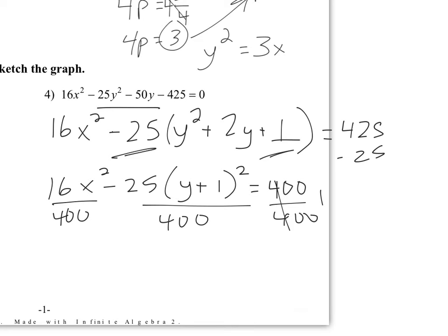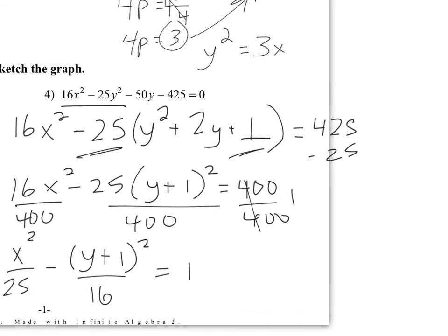So 16 divided by 400 is 1/25, so you get x squared over 25 minus, and then 25 over 400 is 1/16, so (y plus 1) squared over 16 equals 1.